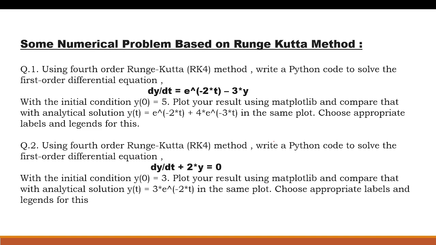The first question says that using the fourth order Runge-Kutta method, write a Python code to solve the first order differential equation, say dy/dt is equal to e to the power minus 2t minus 3y, with the initial condition that at the point t equal to 0, the value of y is 5, and plot your result using matplotlib and compare that with the analytical solution, which is given as y of t is equal to e to the power minus 2t plus 4 times e to the power minus 3t, in the same plot. Choose appropriate labels and legend for this.